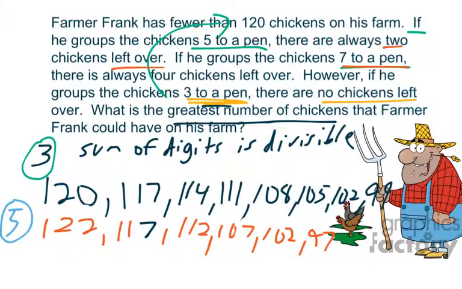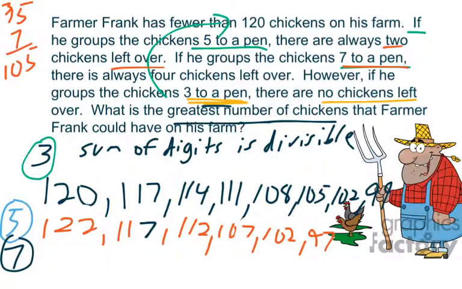Now check out 7. 7 to a pen, there's always 4 left over. So I'm going to look at my multiples of 7 that are close to 120. So I know 7 times 10 is 70, so let's try 7 times 15. That would give me 105.